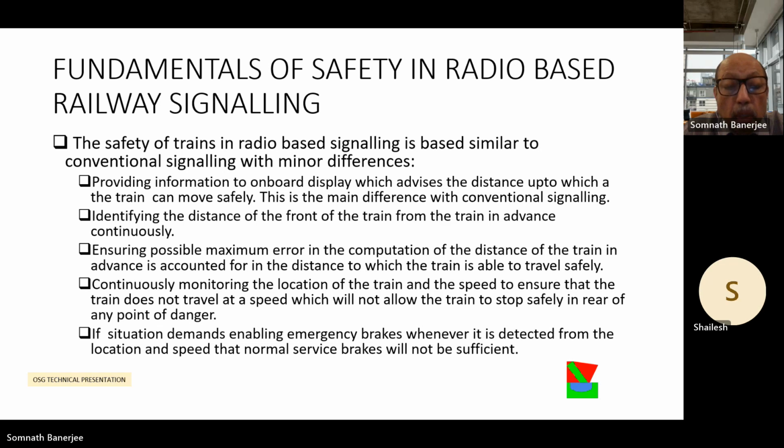Now, however, we shall assume that the sections are fixed rather than moving with the train for the purpose of this presentation.